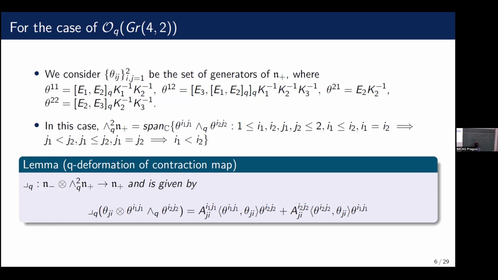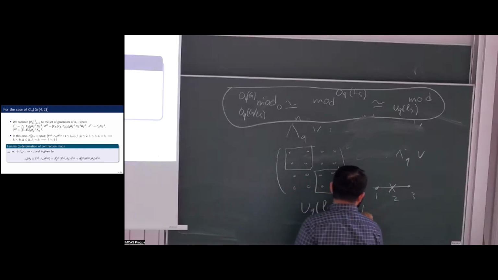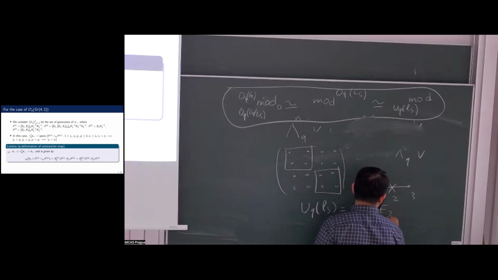So for the Grassmannian 4-2, you have 4 cross 4. If you look into the Dynkin diagram, you are crossing the second node, so 1, 2, 3, which means your Levi is given by these guys, more precisely E1, E3, F1, F3, and K1, K2, K3, plus minus, plus minus, plus minus.